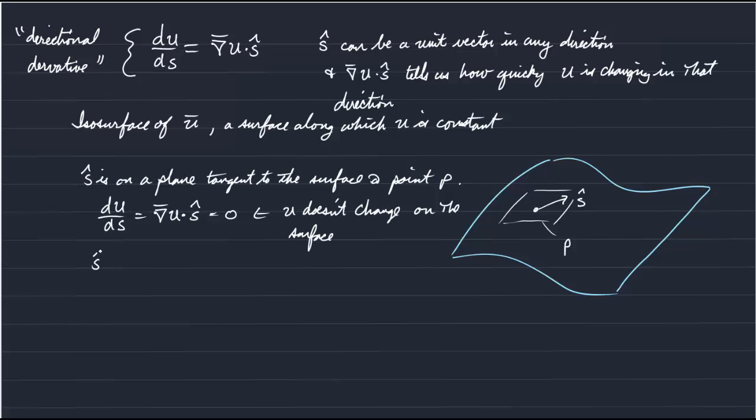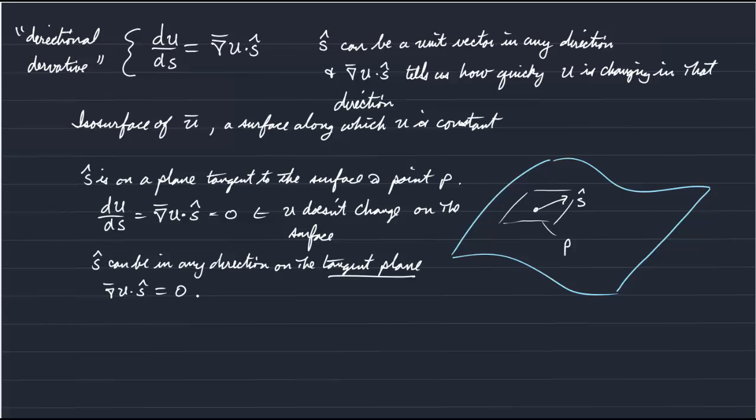So s can be in any direction on the tangent plane. As long as it's on the tangent plane, then grad u dot s hat is equal to 0.